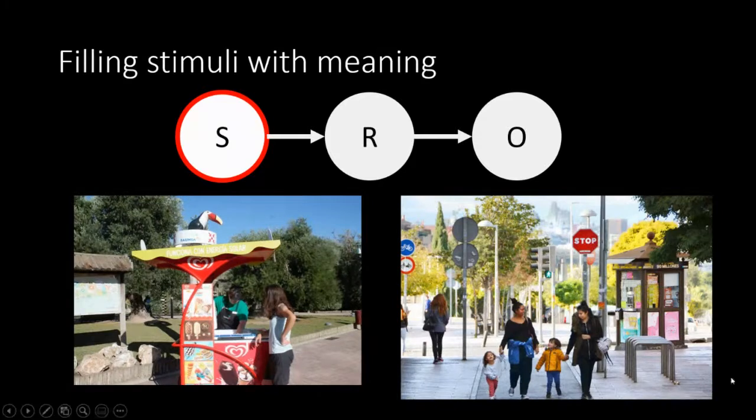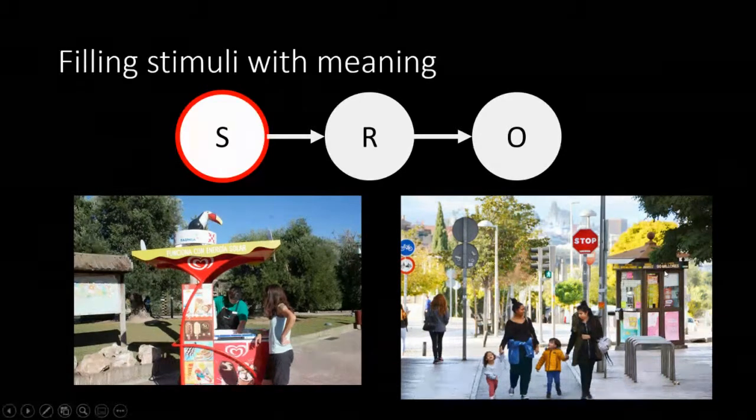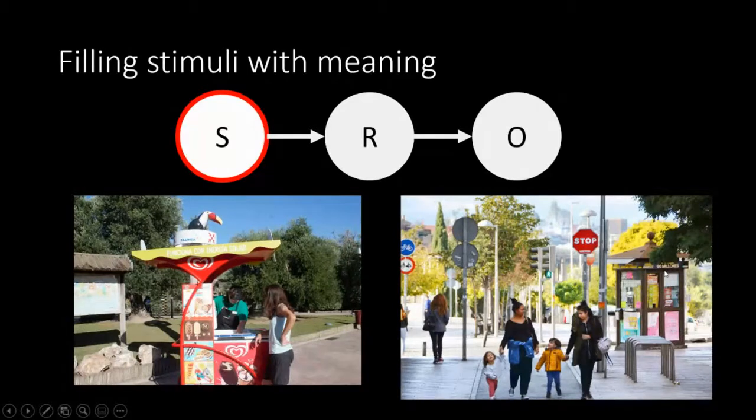So what I was saying is that maybe for you, you didn't realize that here there is a lottery kiosk, but for somebody that has gambling problems, maybe this person is trying to quit buying lotteries, this stimulus is quite salient and it carries a different meaning for that person than for us.